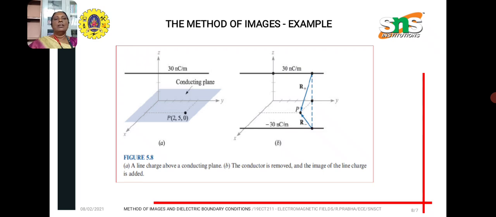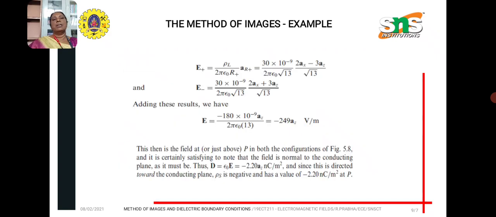Now, in order to obtain the total field by the method of images, the same magnitude but opposite charge, minus 30 nanocoulomb, is located at z equal to minus 3, exactly opposite sign on the negative z axis. Now, to get the total field at point P, the superposition of the two fields is obtained.